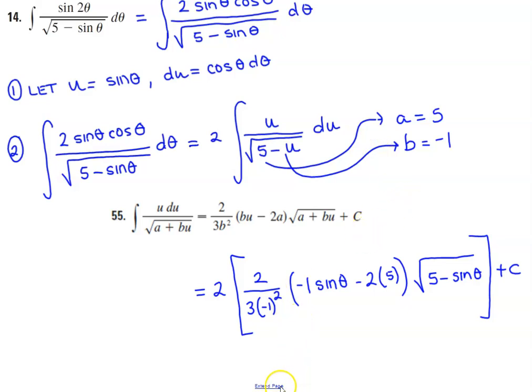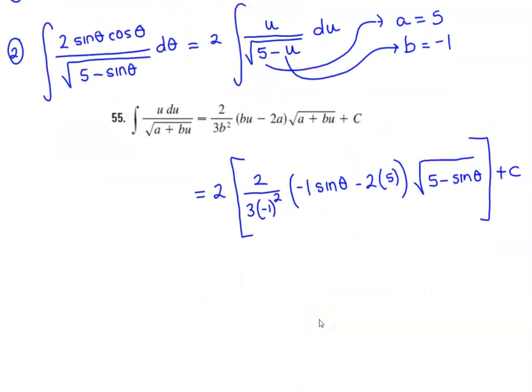So now let's go ahead and simplify a little further. So we know that if we distribute the 2 to the numerator, we end up with 2 times 2, which is 4, divided by 3 times -1 squared, which is +1, and that's 3. And then we have negative sine of theta minus 10 times the square root of 5 minus the sine of theta plus c.